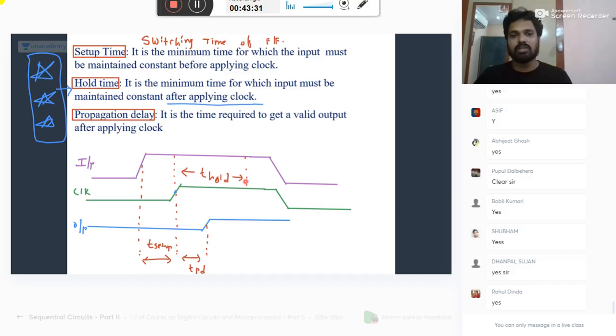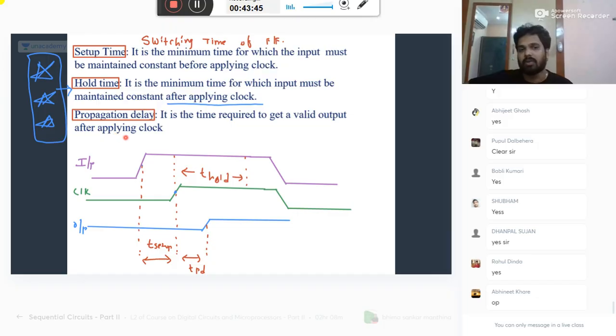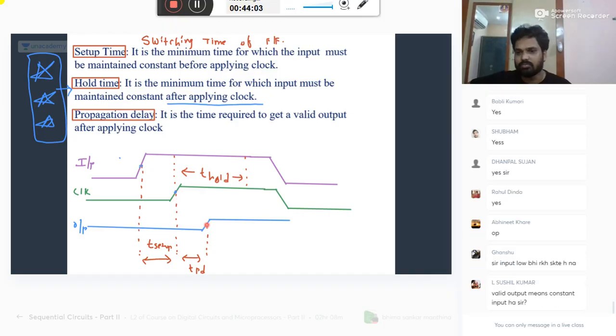There is one more thing. What is that? Propagation delay. What is propagation delay? It is the time required to get a valid output after applying the input. You applied input, say for example, you got the same output, but after this much amount of time. Your propagation delay is not here to here. For gates, generally what you calculate as propagation delay is input to output time. But here we should calculate from clock to output.